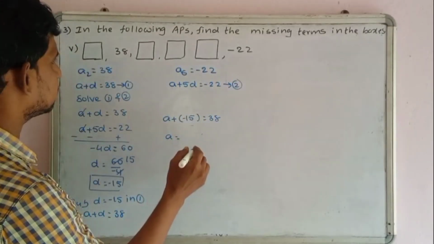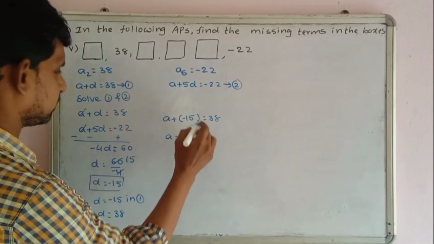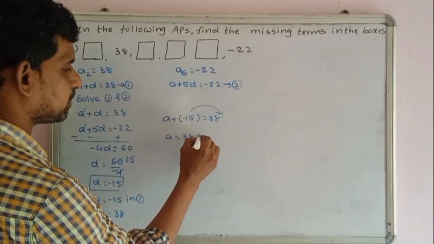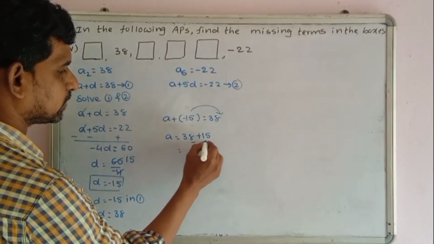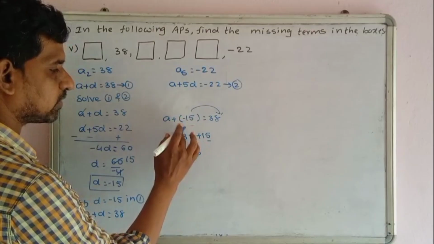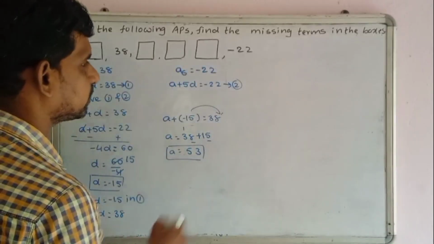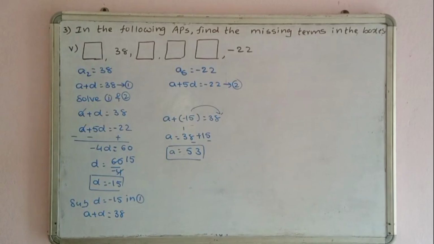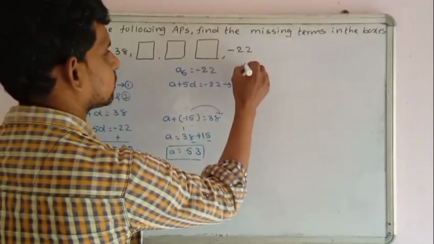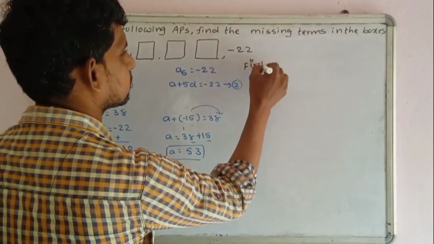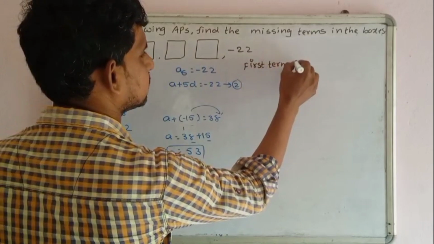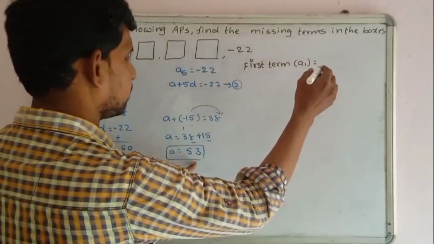So A equals 38 minus 15, transposed to the right side, plus 15. So 8 plus 5 is 13, 1 balance, 1 plus 3 is 4, 4 plus 1 is 5. The value of A is 53. So therefore, the first term A1 equals 53.